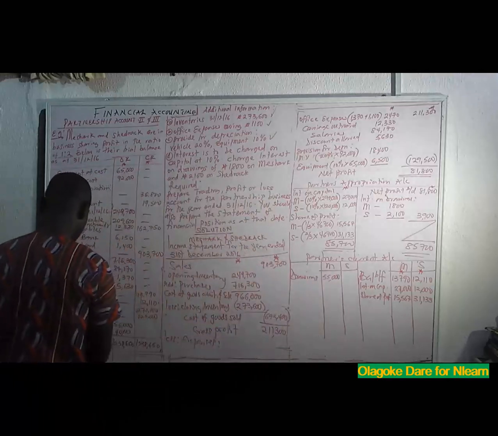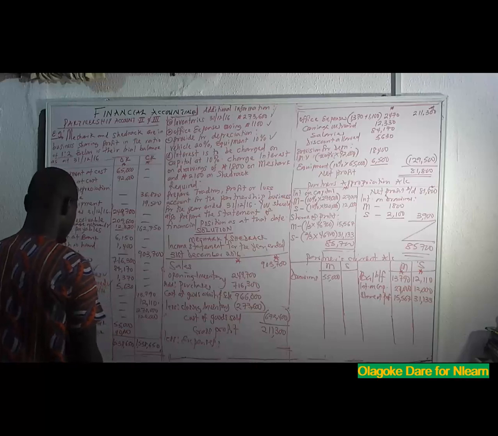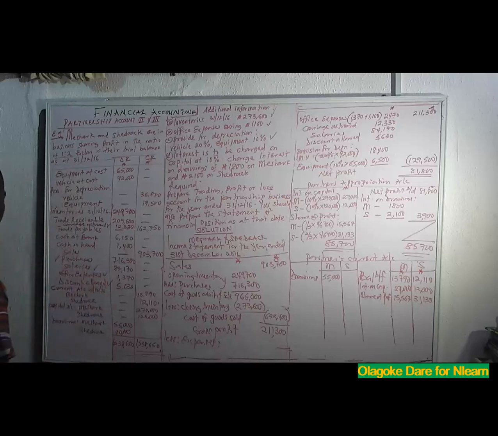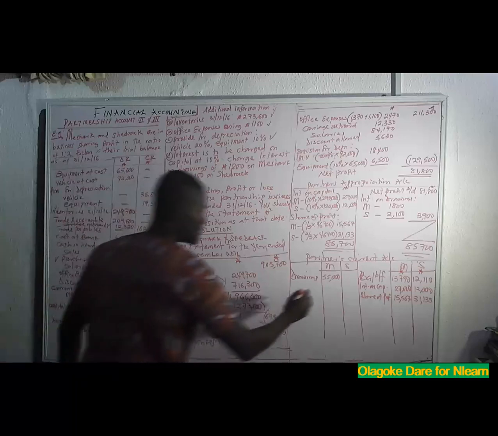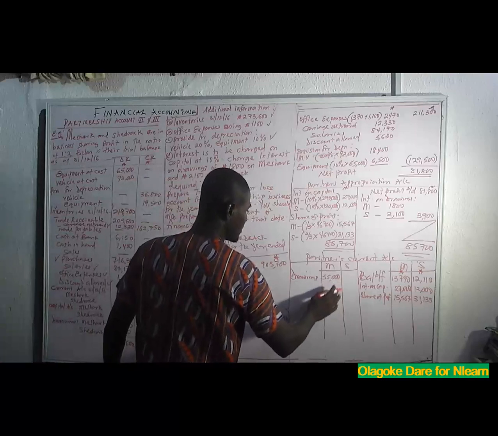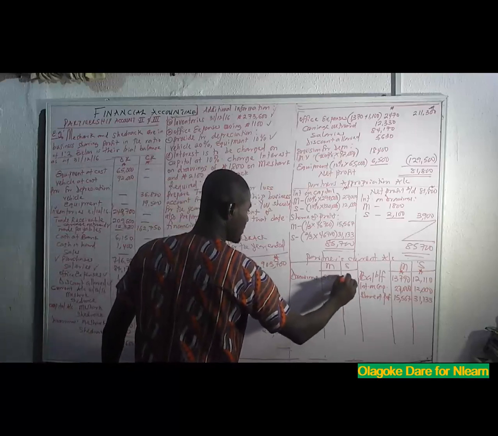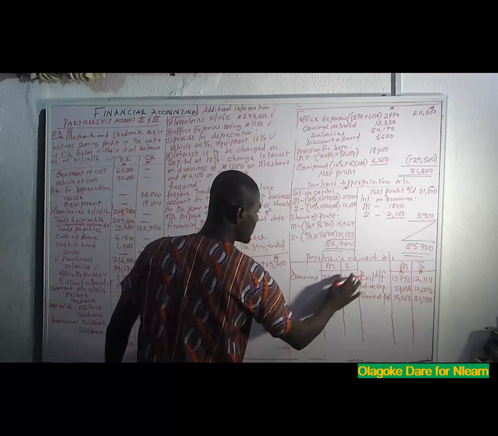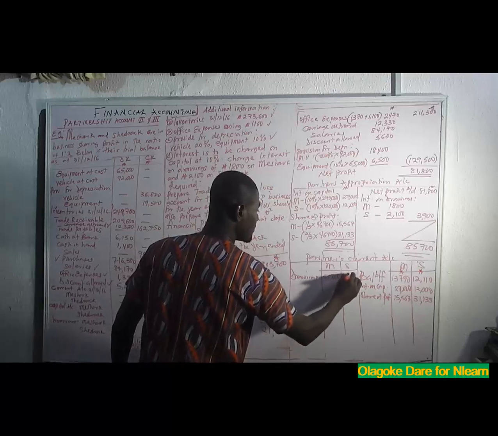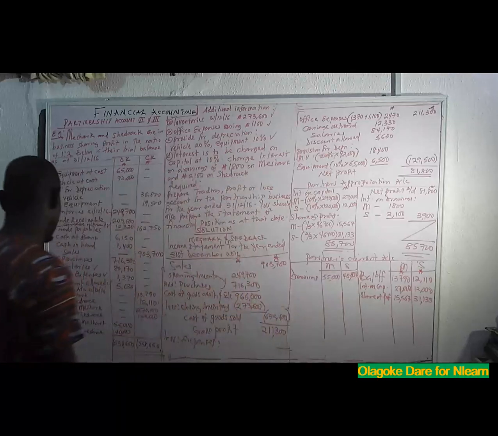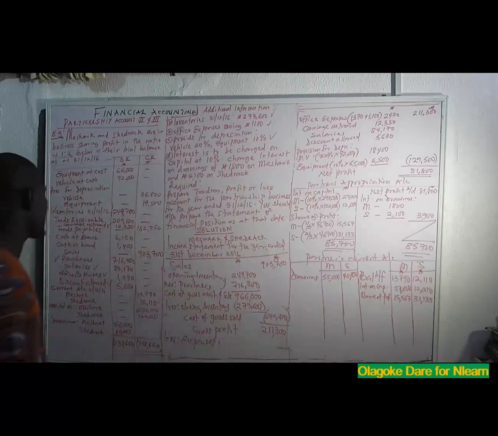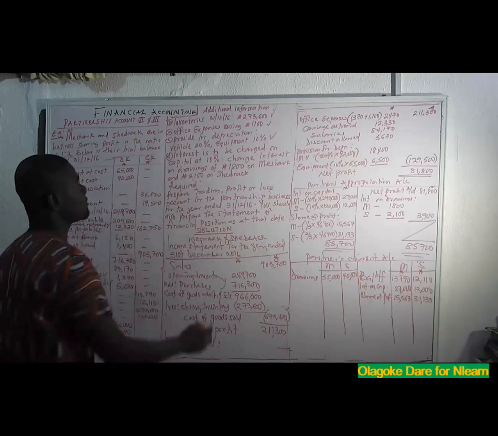Then for Shadrach, you have 40,000. So we have additional drawings in the book.